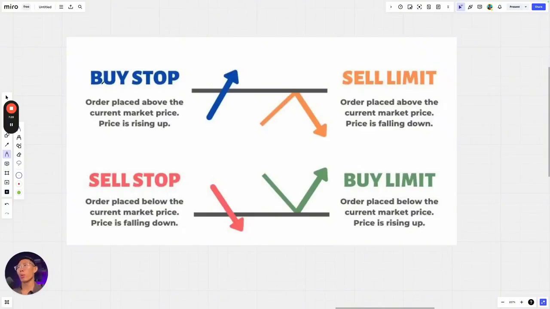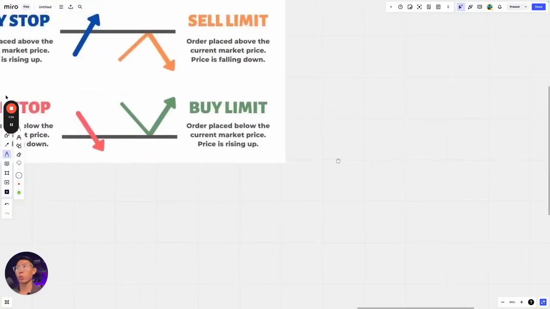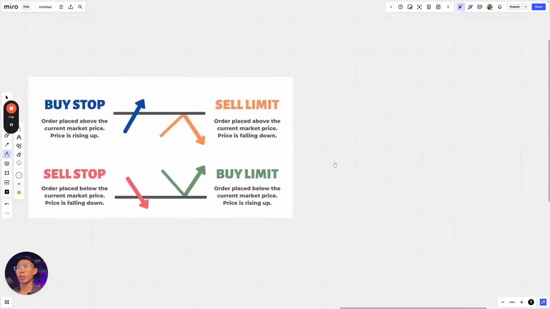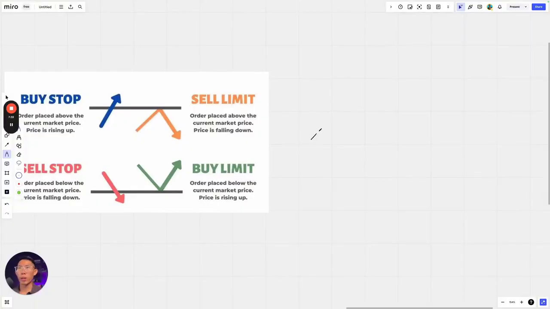So a buy stop is where you place a buy order above the current market price. Let me draw an example for you. Let's say price is creating an uptrend, and you want to place a buy stop order right here, when price breaks through this high area. Right now price is going up and you're not in the position.